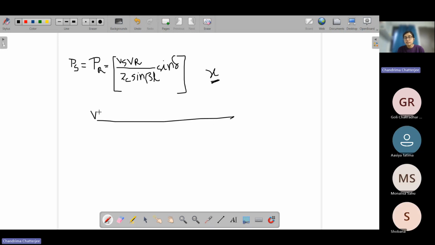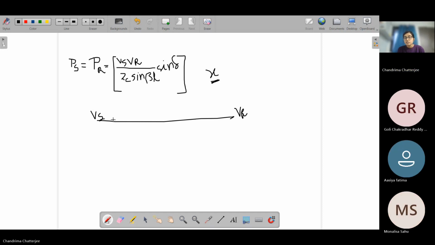If this is a lossless line, then whatever active power starts flowing from the sending end, the same power will reach the receiving end. If you send a power of PS from this point, you will get the same power at the receiving end, whatever the length. This is for active power, but the case is not the same for reactive power.